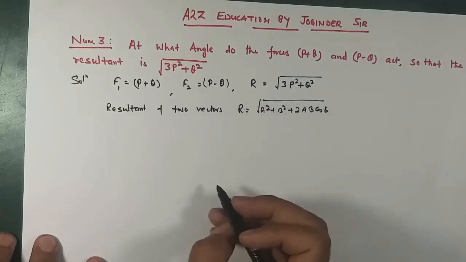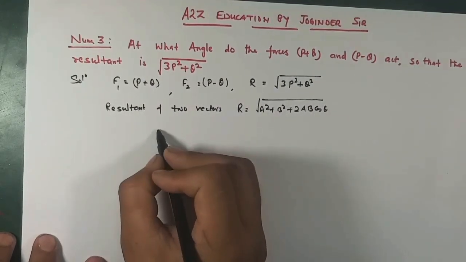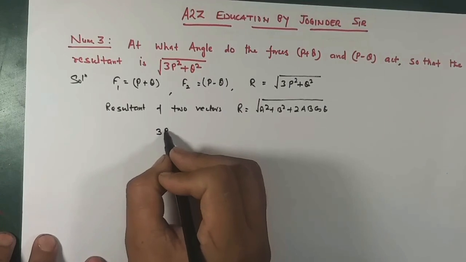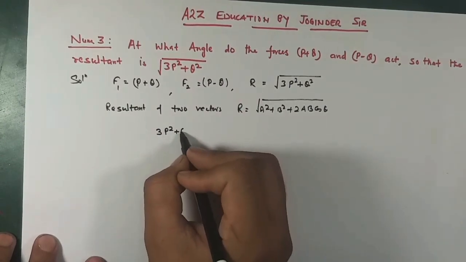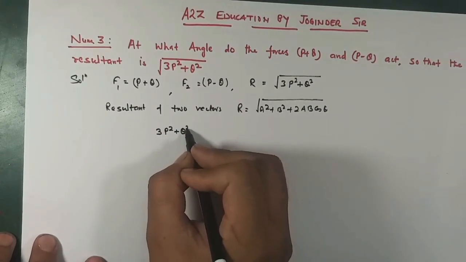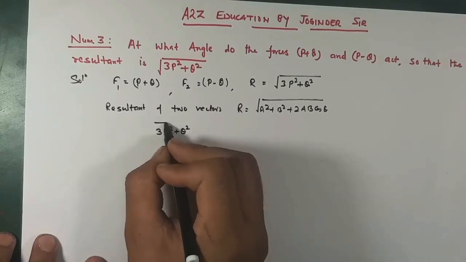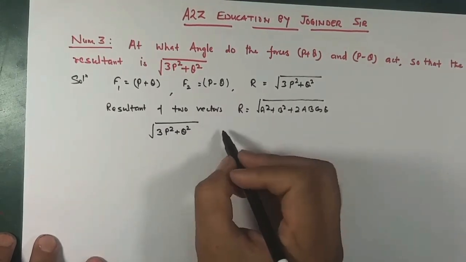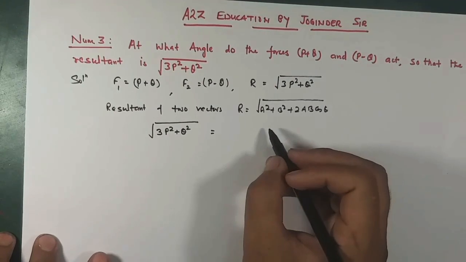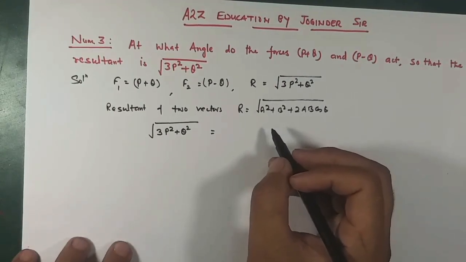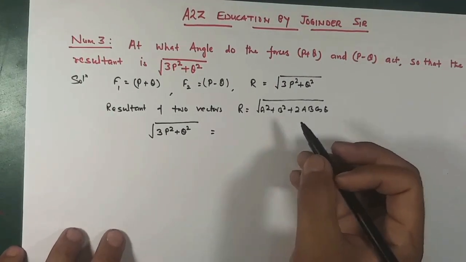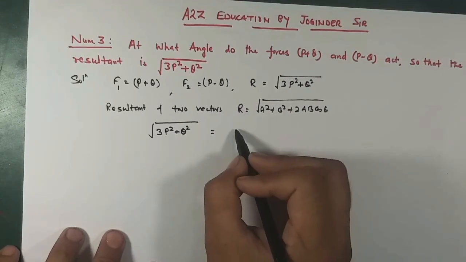Here R is equal to root of 3P square plus Q square, right? And the other values are A square.